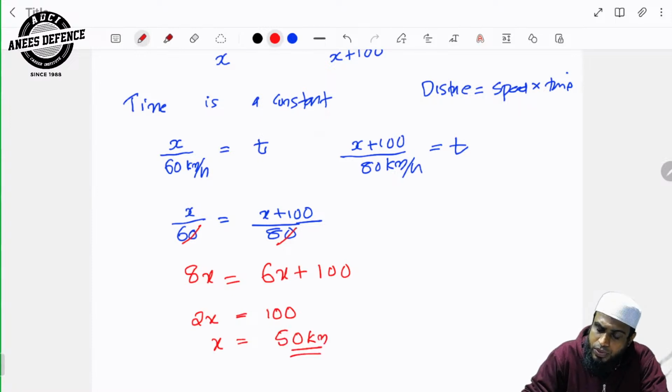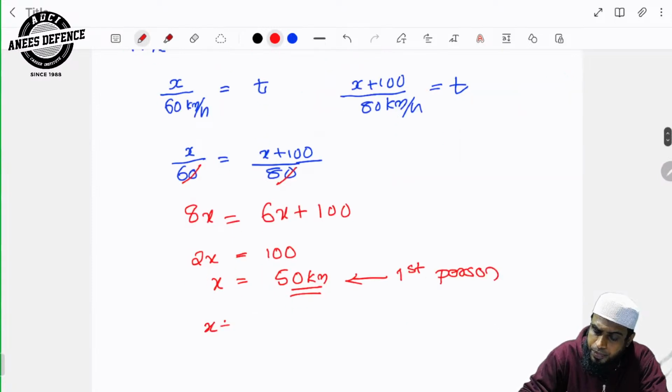So 50 kilometer is the distance traveled by the first person, and x plus 100, 100 plus 50 equal to 150 kilometer is the distance traveled by the second person.